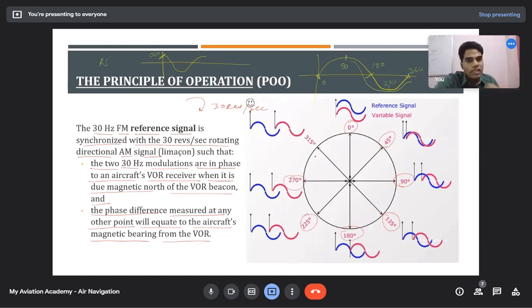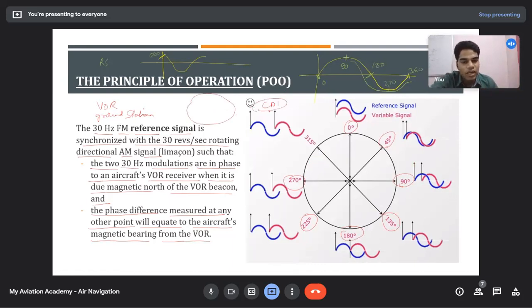Remember, VOR is not connected with ATC. So on the ground, no one is using VOR. VOR is a ground station. The real use of VOR is on the aircraft. On the aircraft we have something known as CDI.